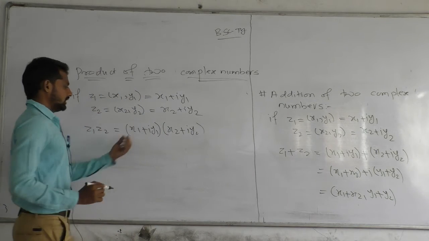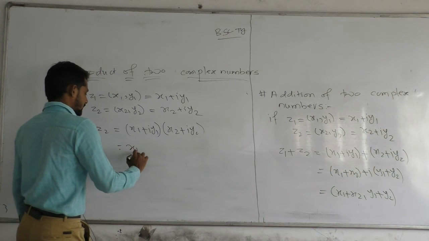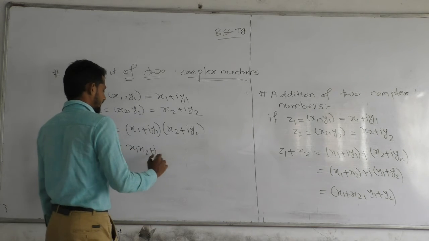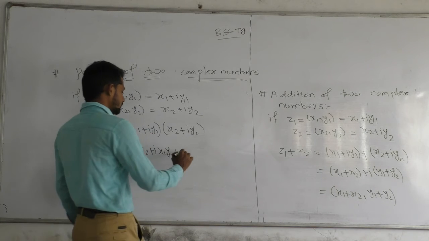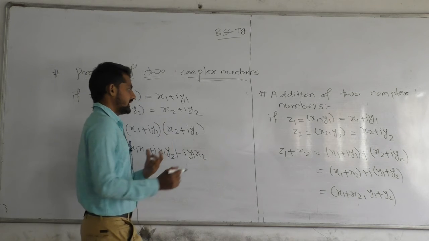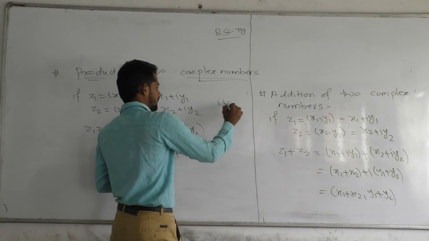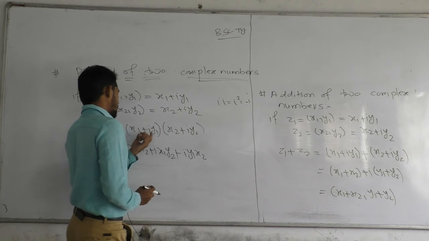So multiply x1 to these two numbers. So x1 x2 plus x1 i y2, plus now i y1 x2, plus i y1 into i y2, where i into i is equal to i square, which is equal to minus 1.